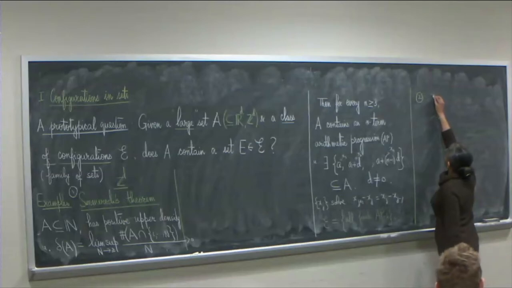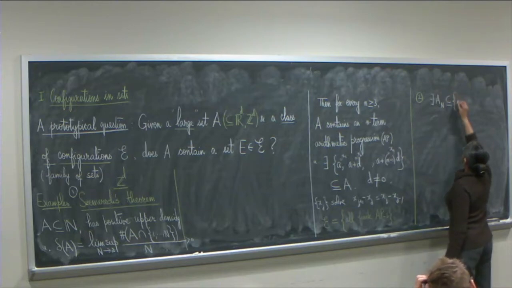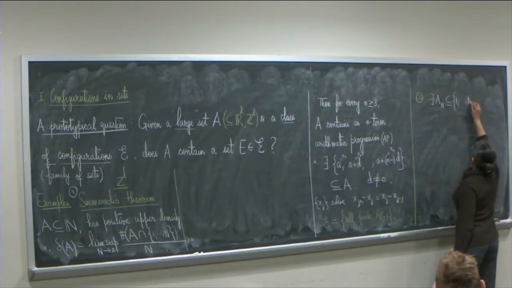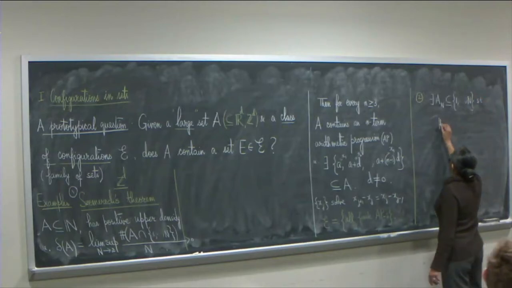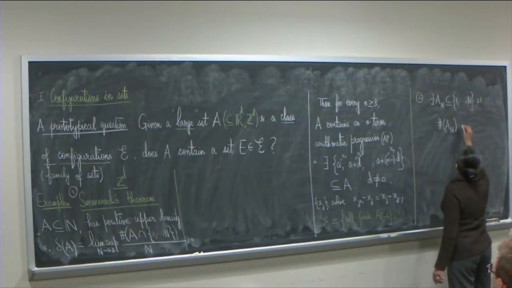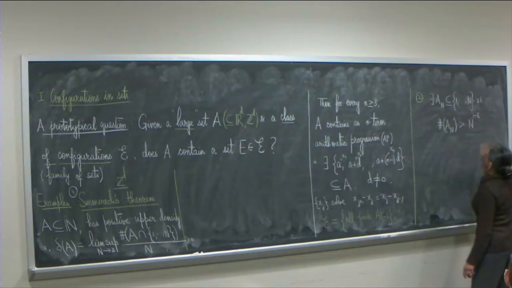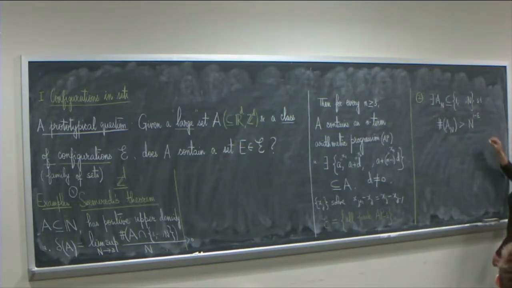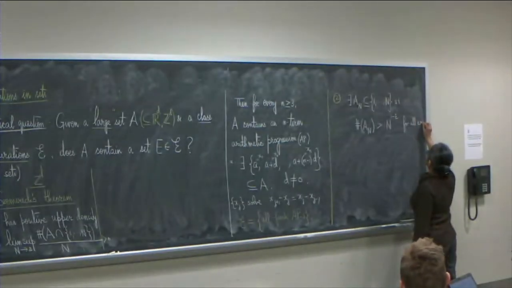There exist, on one hand, and it's been known for a long time, sets A_n contained in {1, ..., n}, so that they are large in the following sense, that their cardinality is larger than n to the 1 minus epsilon for all epsilon positive.